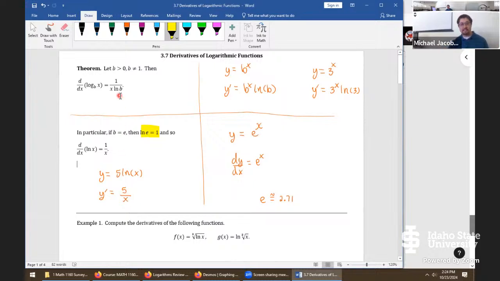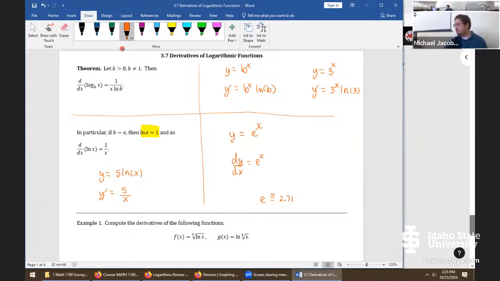And this is the generic case. If it's an arbitrary logarithm, you go 1 over x times the natural log b, which mirrors this portion. If you're differentiating an exponential function, you get the exponential multiplied by natural log b. So really the big difference on the logarithm formula is just that the natural log of b is multiplying x in the denominator.